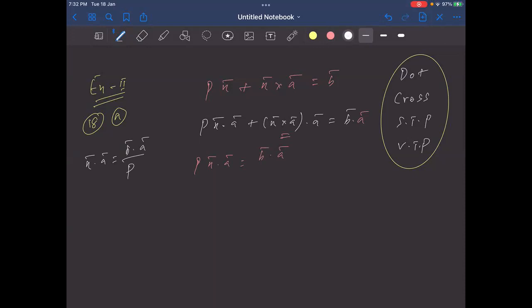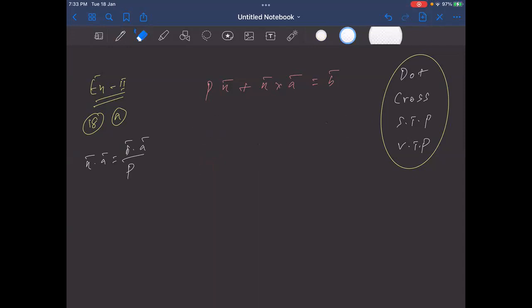Yes, sir. ठीक है अब क्या करें, x dot a आ गया, अब क्या करें आगे. Cross with a on both sides. हाँ we have the liberty of taking cross with a and b.